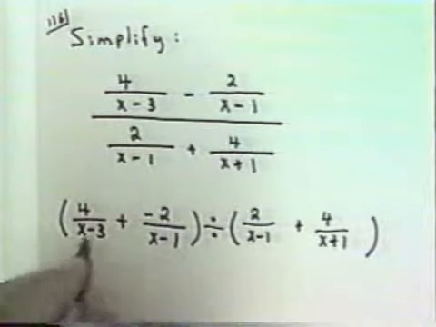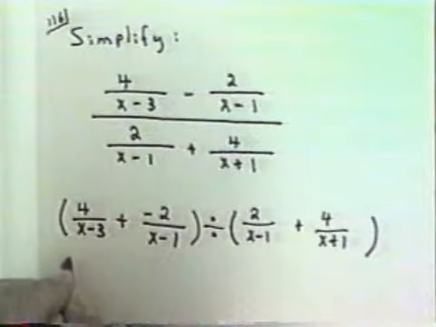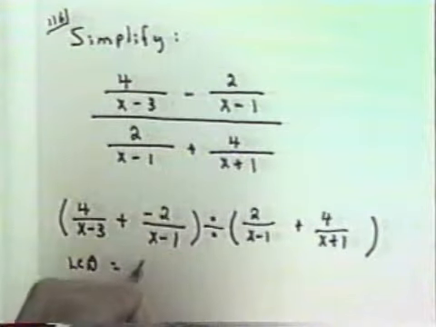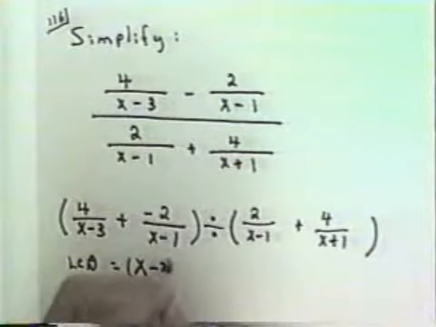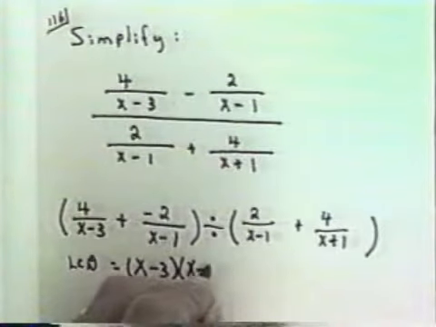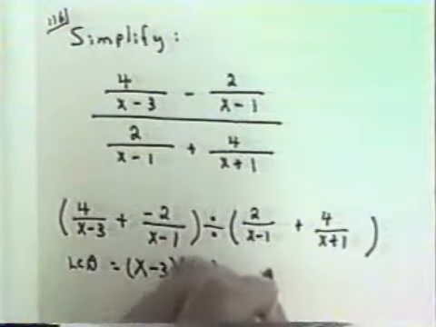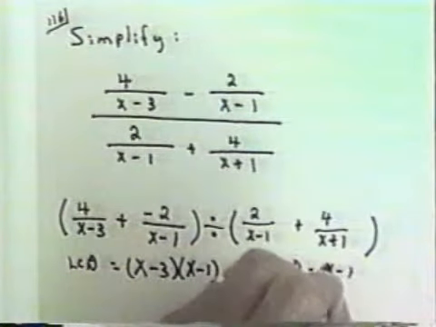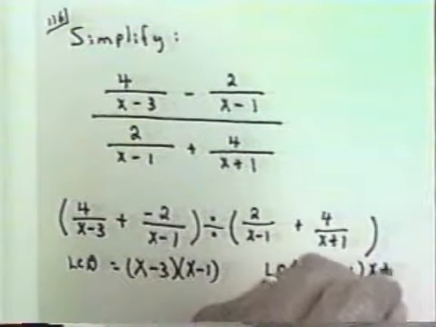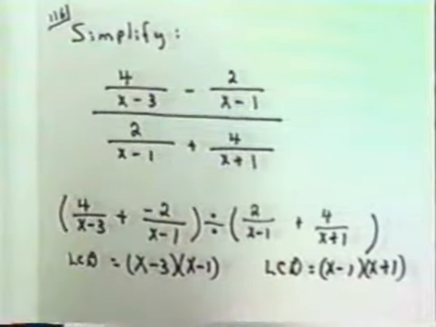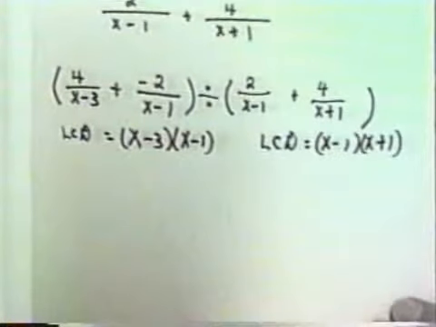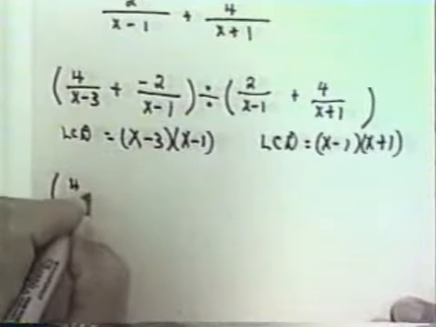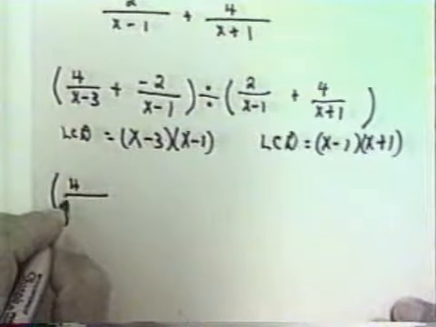Now we need to get the least common denominator in order to do this addition. The least common denominator between x minus 3 and x minus 1 is x minus 3 times x minus 1. On this one, the least common denominator is x minus 1 times x plus 1. Okay, I'm going to recopy it exactly like it is, but leave space to multiply.